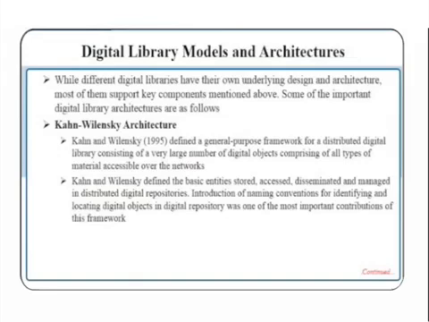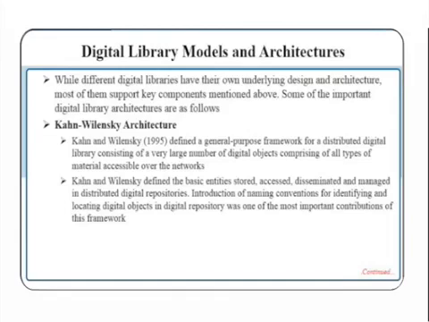Some of the important digital library architectures are as follows. The Kahn-Wilensky architecture. Kahn and Wilensky in 1995 defined a general-purpose framework for a distributed digital library consisting of a very large number of digital objects comprising all the types of material accessible over the networks.